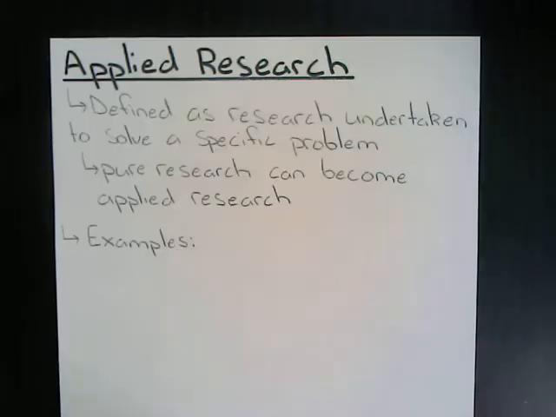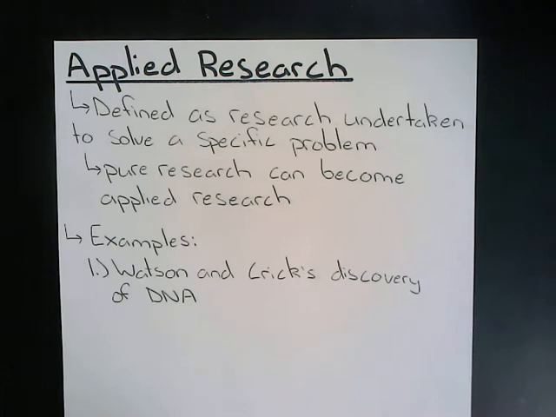One example is Watson and Crick's discovery of the structure of DNA. Watson and Crick were designing experiments specifically to find that structure of the DNA. Another example is finding a replacement chemical for those CFCs, or chlorofluorocarbons, that are now banned.